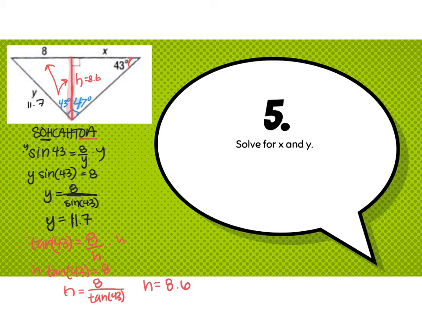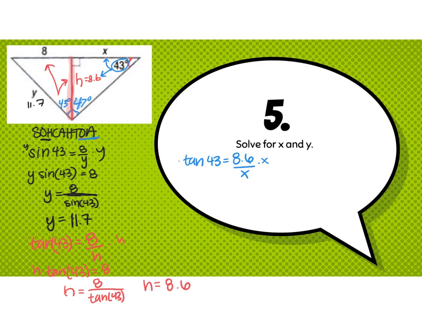So I'm going to go back over here. We're going to use angle measure 43. We have the opposite and we have the adjacent. Again, going back to tangent. This will help me find x. So tangent of 43 equals the opposite over the adjacent.